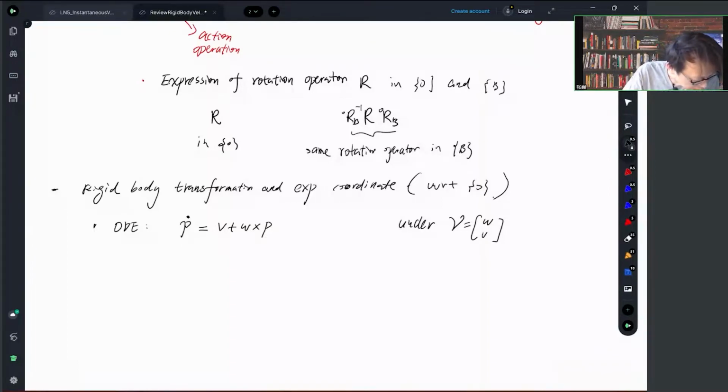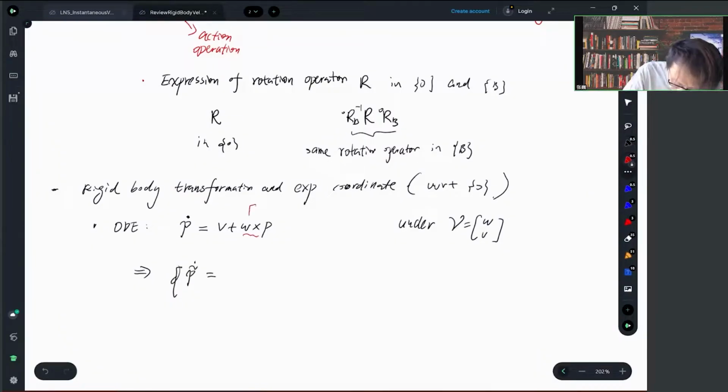And if you use homogeneous coordinates, what you have is P tilde dot equal to, because this is a skew symmetric matrix times P, the same formula: skew symmetric omega, V, 0, 0 times P tilde.